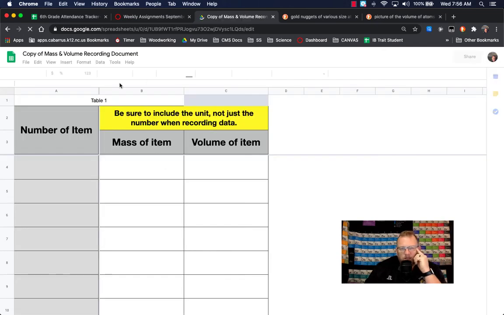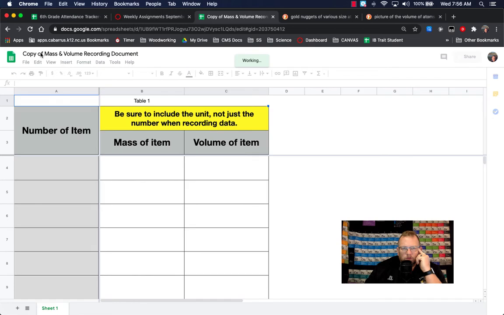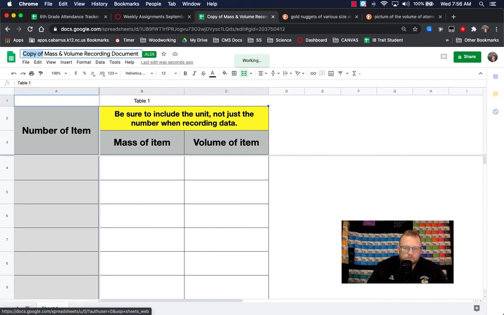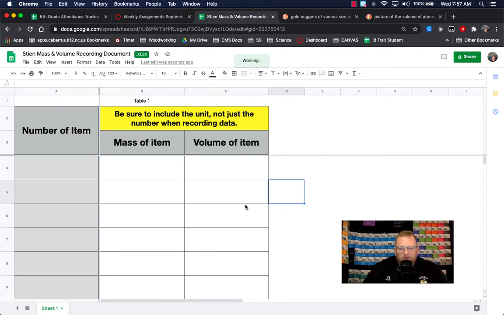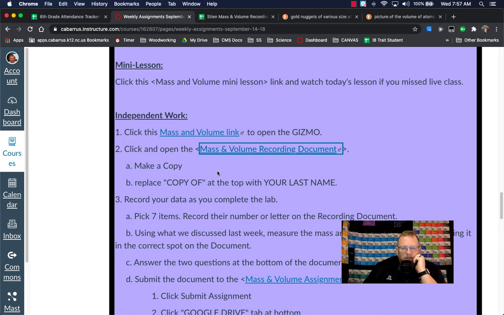Once it opens, up here at the top where it says copy of, you're going to delete copy of, and you're going to put your last name there. Now you've got your document to be able to fill in for the assignment. Okay, make a copy, replace copy of with your last name, record your data as you complete the tab.